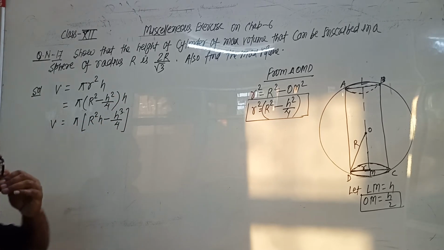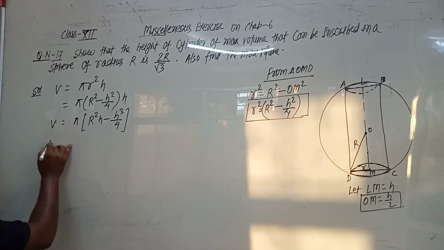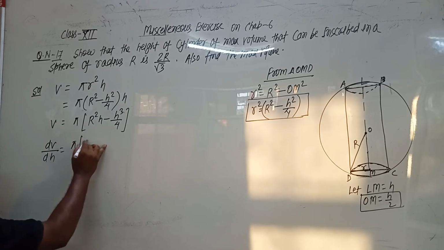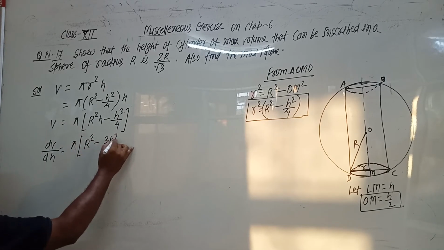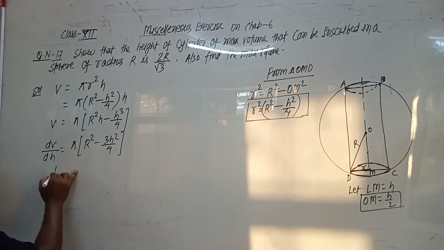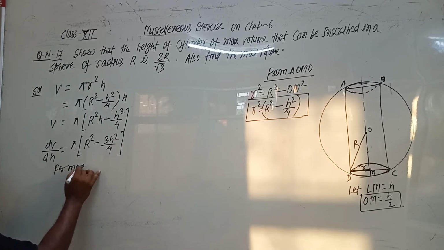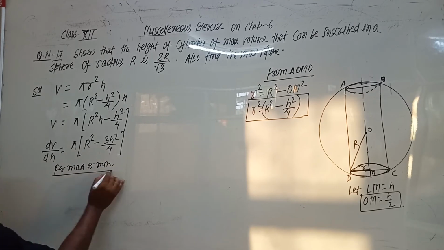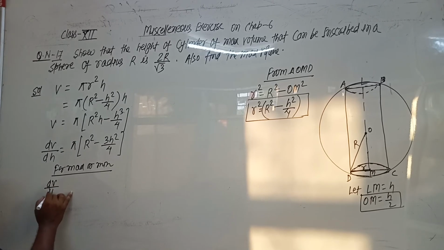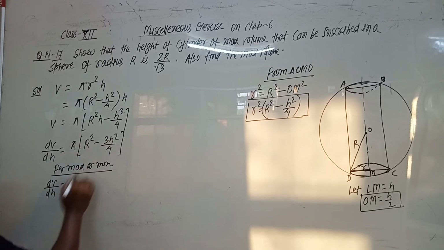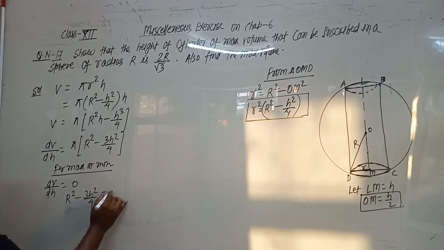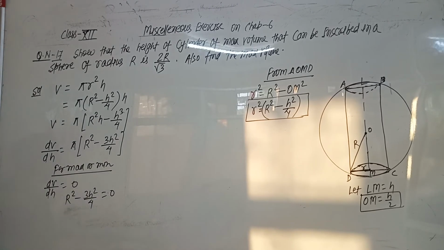So we differentiate with respect to h. dV by dh equals pi into R square minus 3h square by 4. For maxima or minima, dV by dh equals 0, pi is not 0, so R square minus 3h square by 4 equals 0, and we find the value of h.